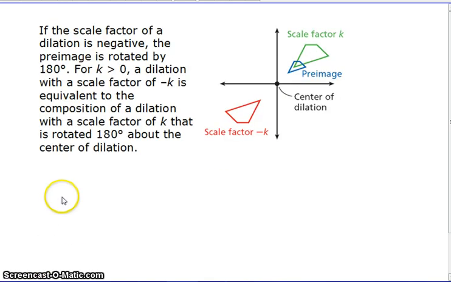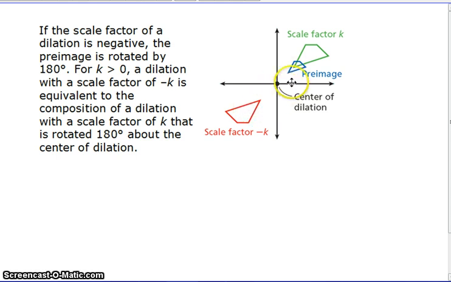If the scale factor is negative in a dilation, you know that it ends up rotating by 180 degrees. So imagine if this point is at (2, 2), and we were multiplying by, let's say, a factor of -1, we would have (-2, -2), and it would end up in this quadrant 180 degrees from where it was.